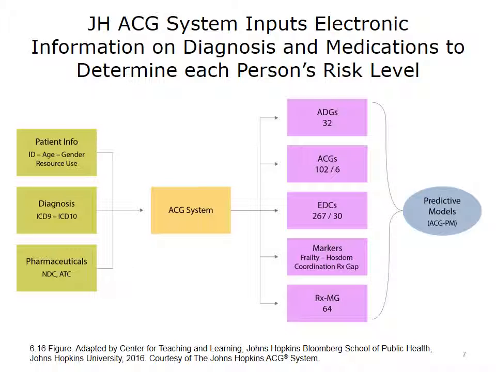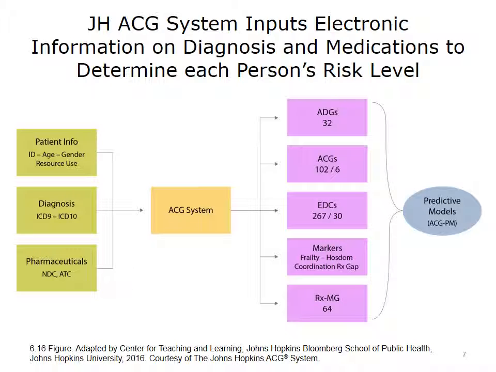ACGs and other systems can input prescribed medications as markers for patient risk. While there is some concern that such factors are sensitive to clinician patterns and patient access, they still offer important information, for example, that a patient is on insulin or a drug for asthma. The common coding scheme used by these systems is the National Drug Code, NDC, from the U.S. Food and Drug Administration, FDA.